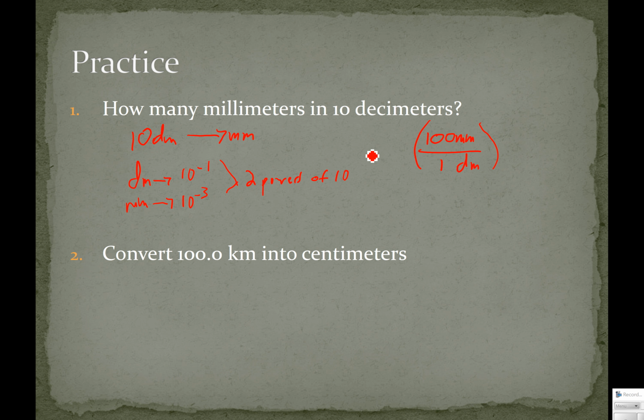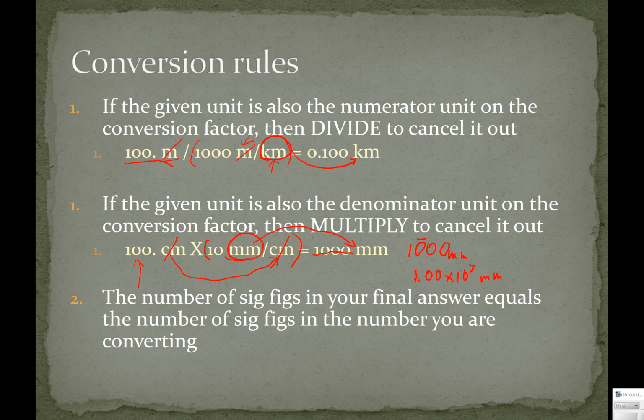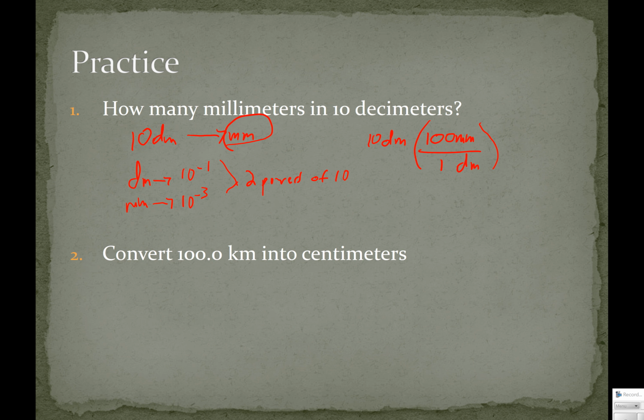Okay? So we are going to put this next to the number that we're converting and then compare. Now our units of dm and dm match in the denominator. So in this case, in order to get our dm's to cancel and end up with our millimeter units, which is what we want according to the question, we are going to multiply, because they match in the denominator. 10 times 100 would get us 1,000.